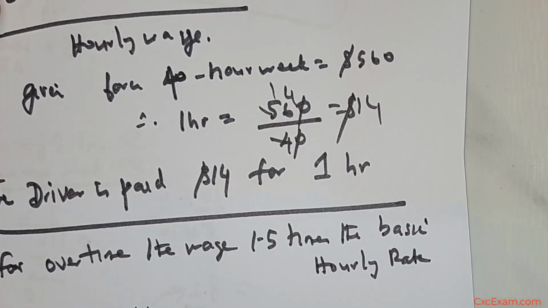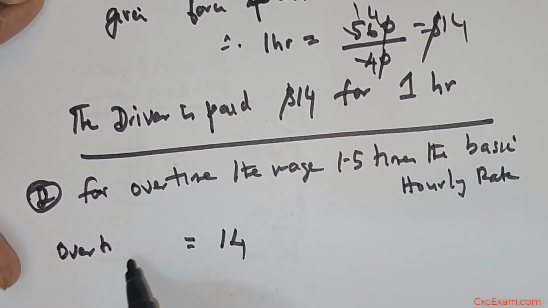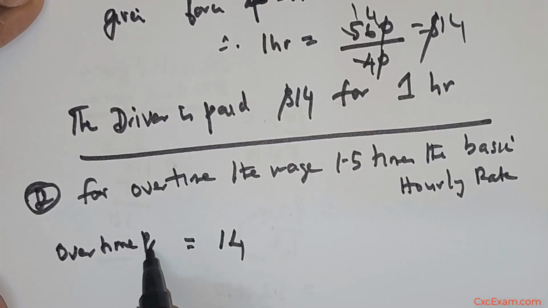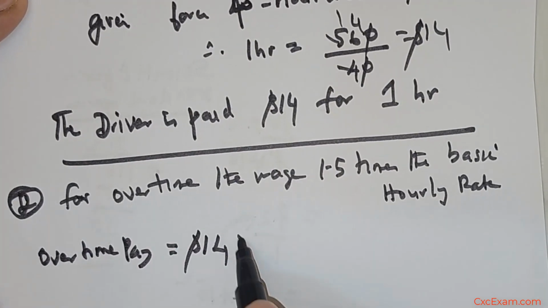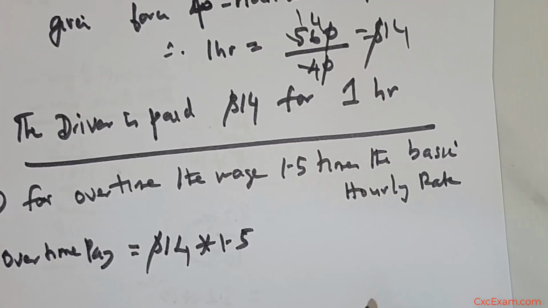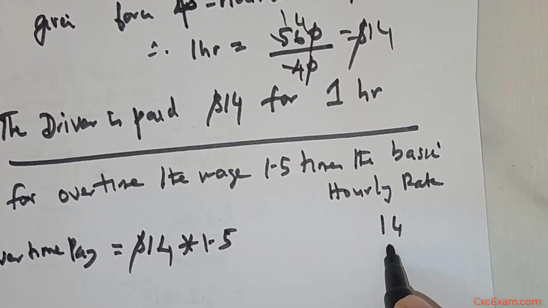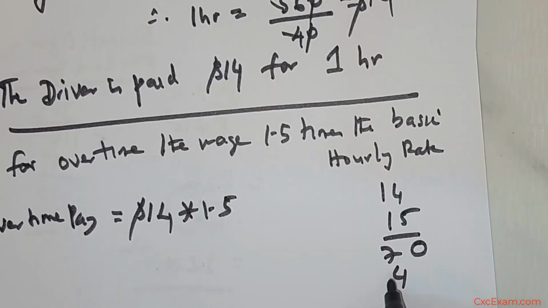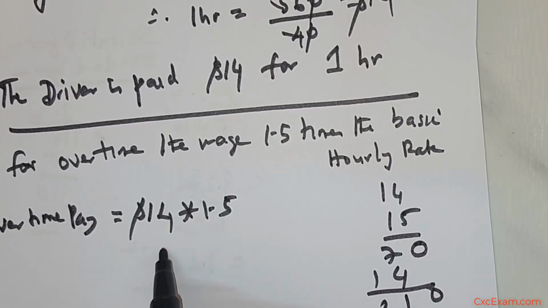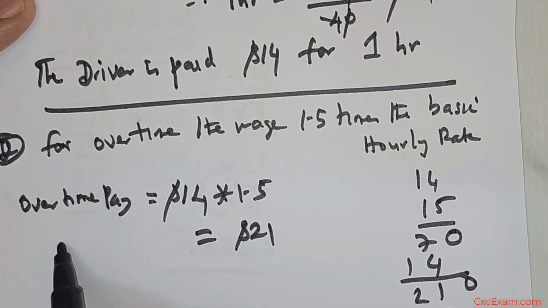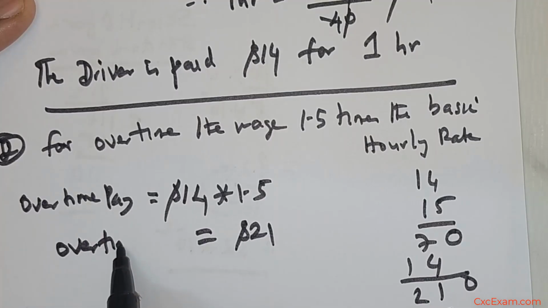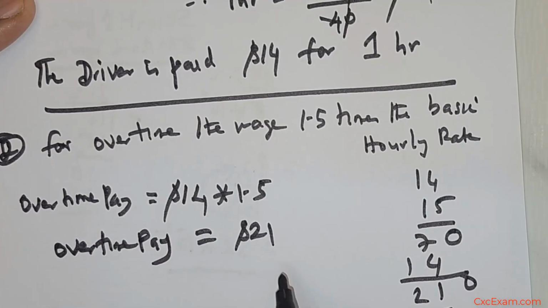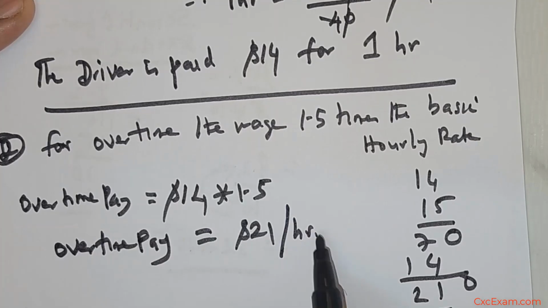So for overtime pay, this is going to be 1.5 times. So 14 multiplied by 1.5 gives 21. So $21 will be the overtime pay. So this is the overtime pay, $21 per hour.